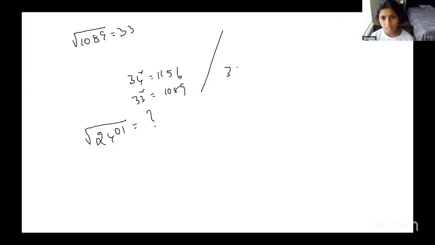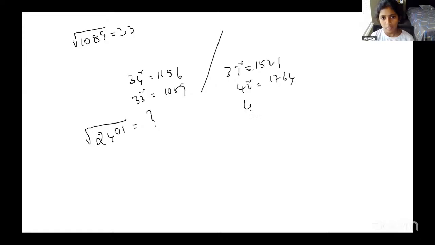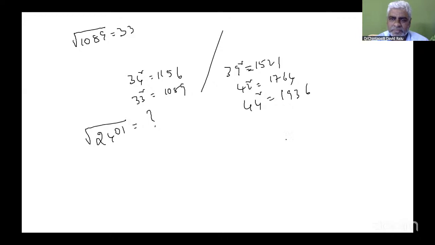39, sir. 39 square 1521. What about 42, sir? 42 square 1764. What about 44, sir? 44 square 1936. 46, sir? 46 square 2116.